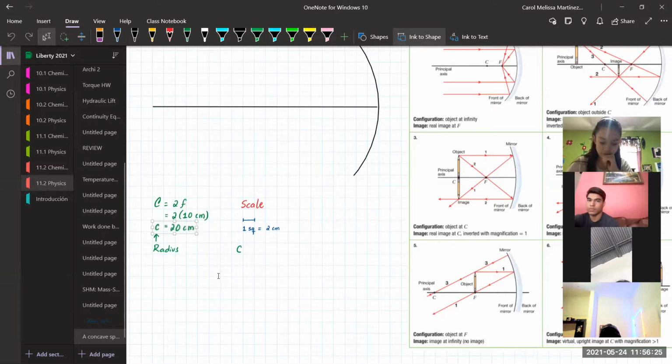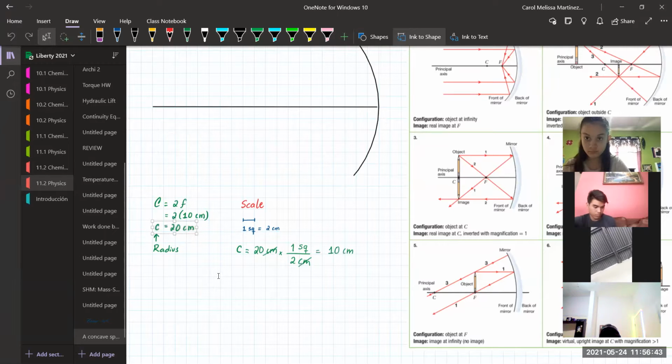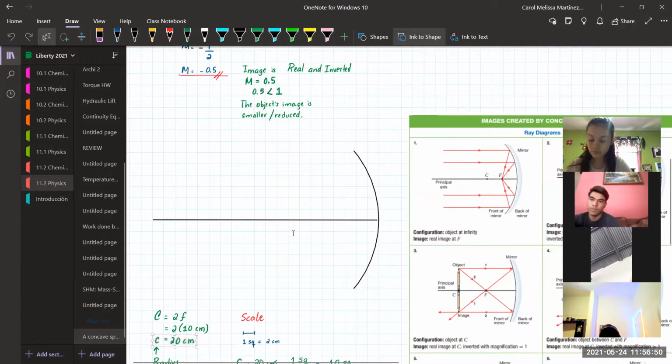For C, it's going to be 20 centimeters times, I want to know the number of boxes that I need to use, okay? You have the conversion factor that 1 square box is equal to 2 centimeters. And this gives you 10 boxes, 10 squares. So you start counting from the position of your mirror.